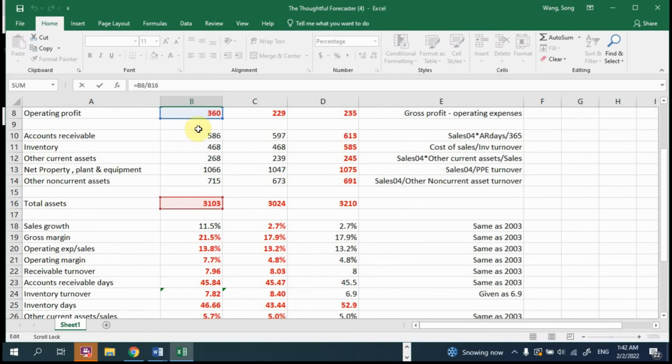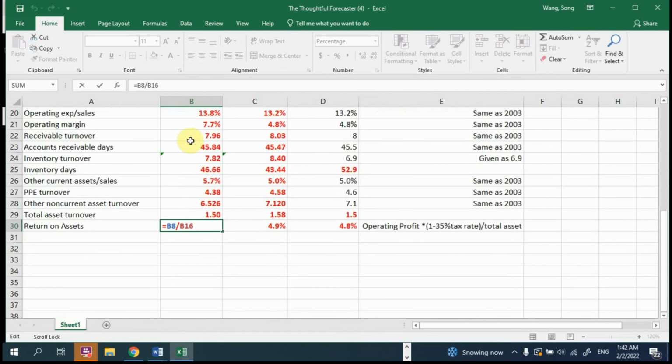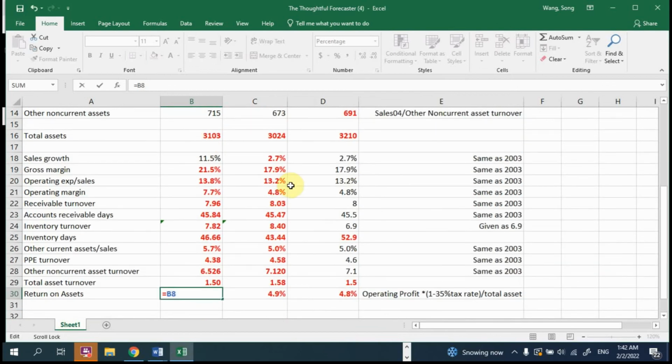But when we calculate the return on assets, it should be net profit. And net profit here is the after-tax profit after interest is paid. But here we don't have an interest payment. So we just directly use the operating profit, which is in B8 times 1 minus the 35% tax rate. So that's your net profit divided by total assets. And then you're going to have this return on assets.